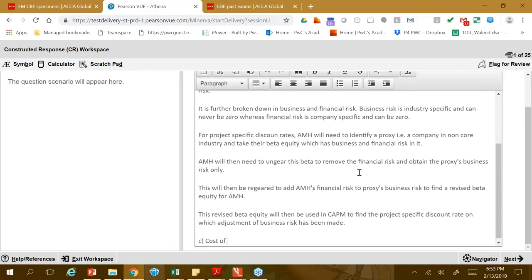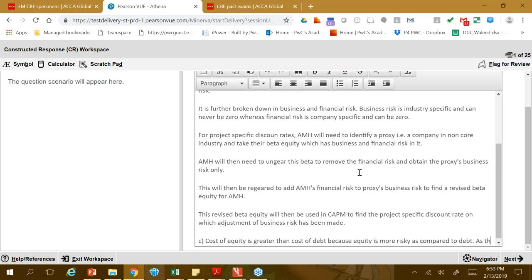Cost of equity is greater than cost of debt because equity is more risky as compared to debt.